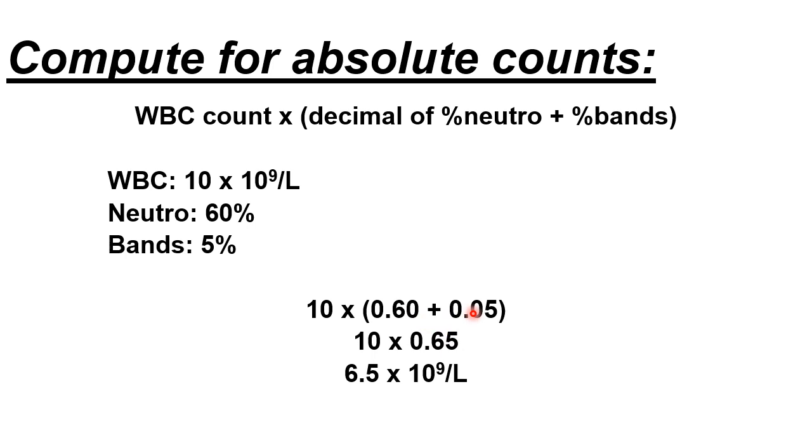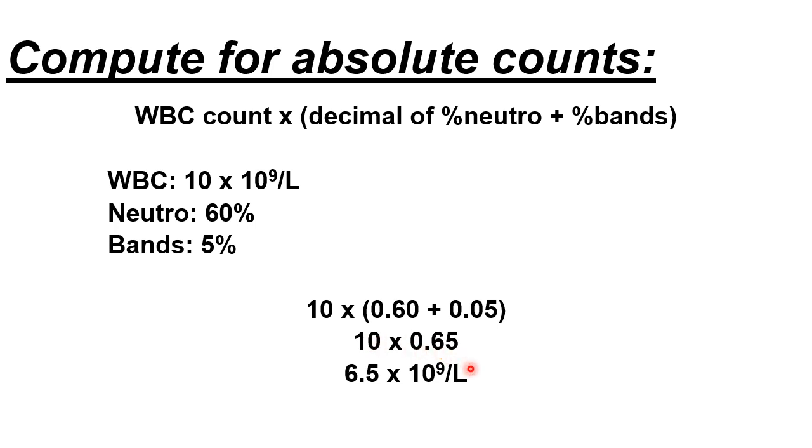So, add natin itong munang dalawa, no? So, magiging 0.65 multiply by 10. So, magiging 6.5 times 10 raised to the 9th power per liter of blood. So, ito na yung absolute counts natin.